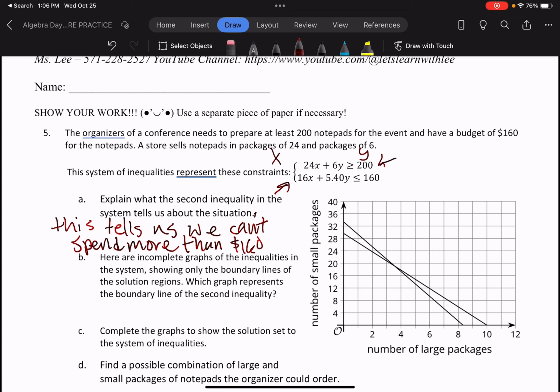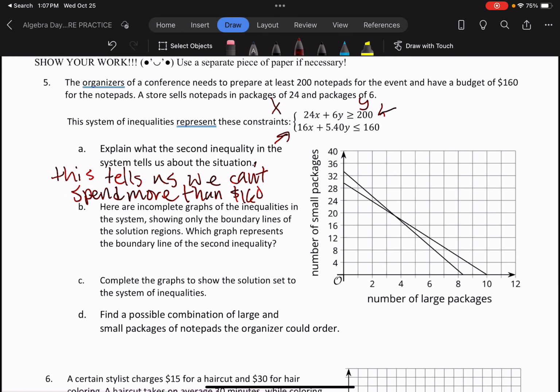That combined, the two types of notebooks have to be less than 160. It also tells us that the price for one package is 16 and the price for the other package is 540, right? So you could say that. So 16 for the large package and then 540 for the small package.